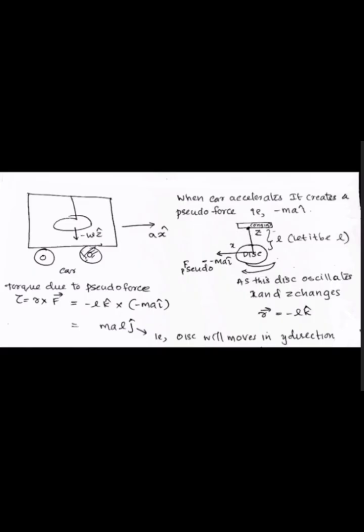So here the answer is option D, because we know that when the disk oscillates, x and z change, and here we get that the torque is in the direction of y cap, that is j cap. So this means that the disk is moving in the y direction as the car accelerates. That means all three coordinates are changing. So option D is the correct answer.